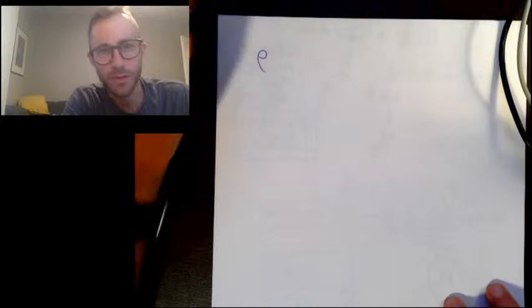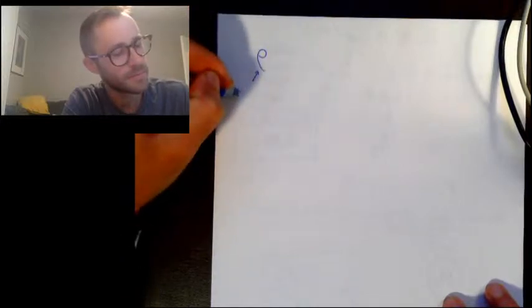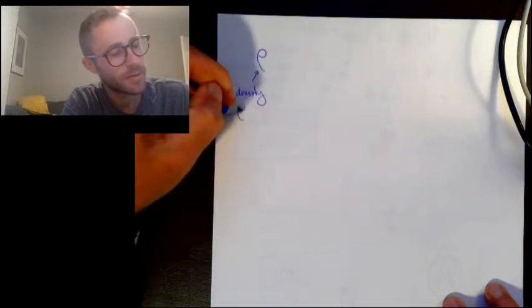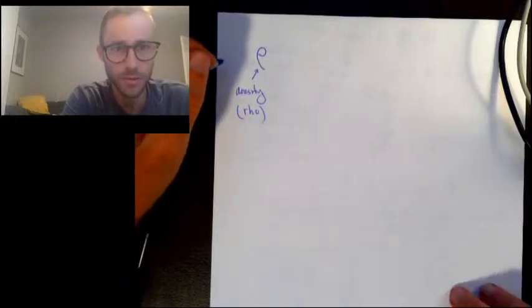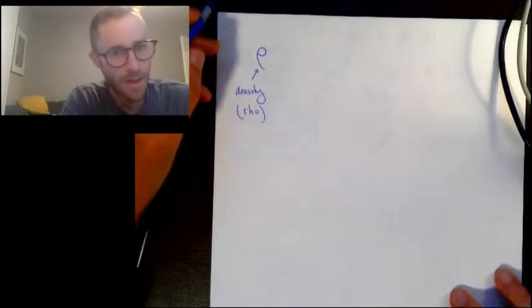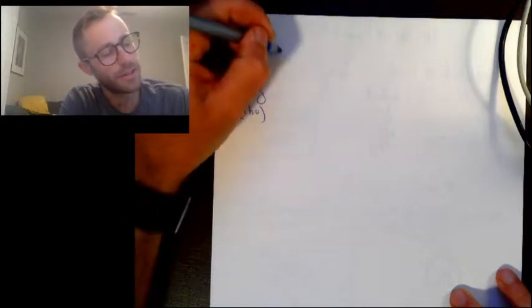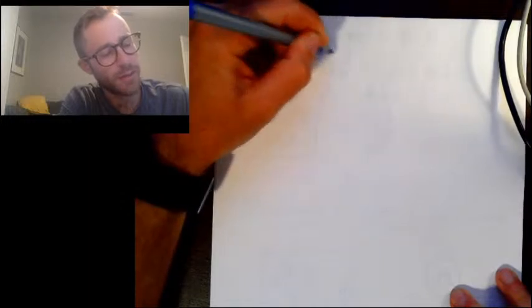The Greek letter rho is the symbol for density. This is the Greek letter rho, R-H-O. It's a useful word if you're ever playing Scrabble. And density is the mass of the thing divided by the volume.